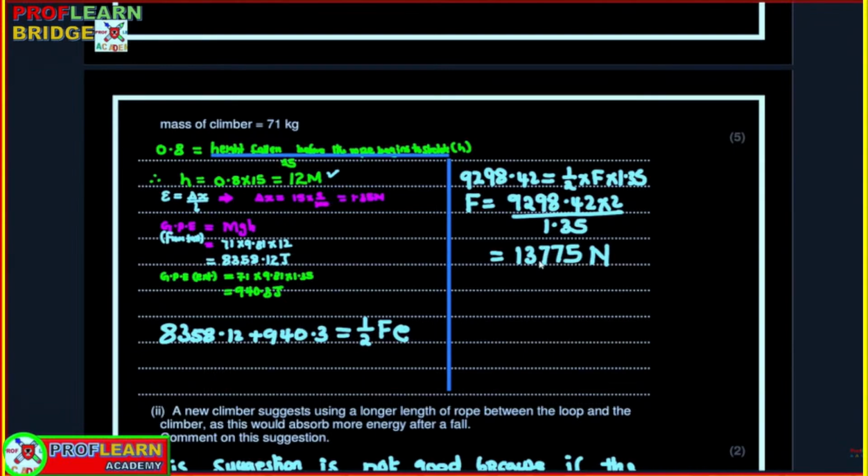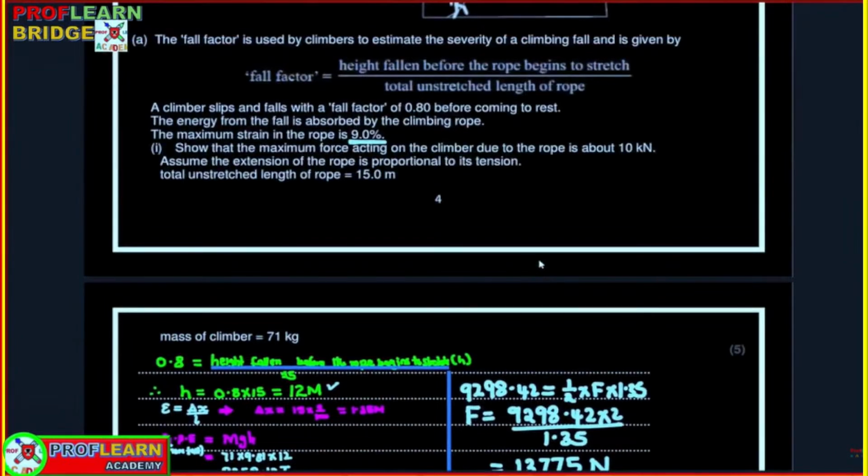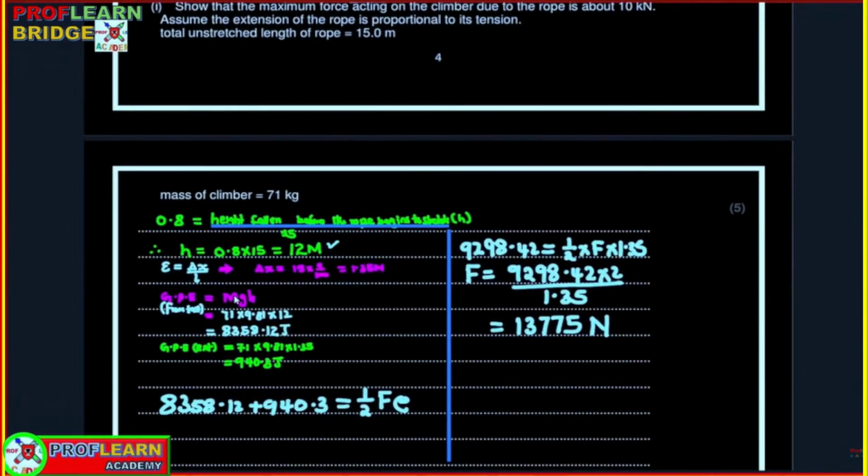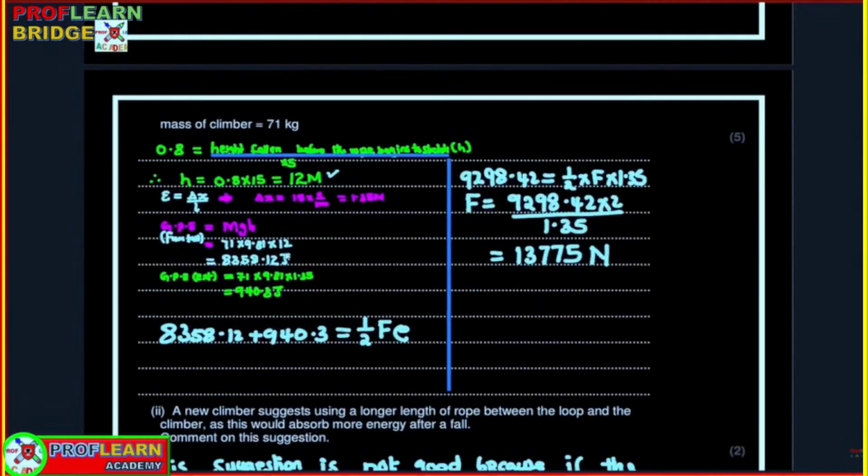It is approximately 10 kilonewtons. Which means that we can work out the potential energy due to the falling height of 12 meters, and also the potential energy due to the extension of the rope of 1.35 meters. Then we add the two, and we say that energy is equivalent to a half force times extension.